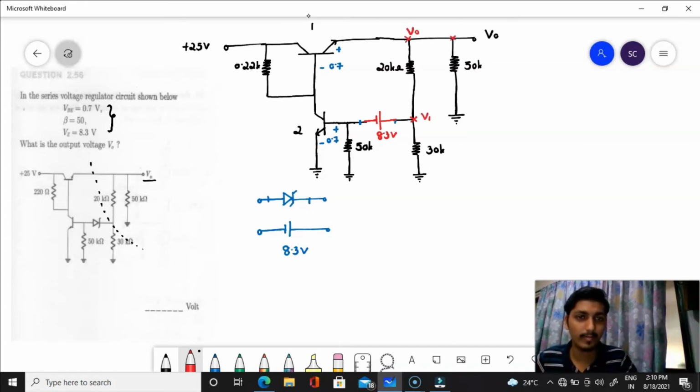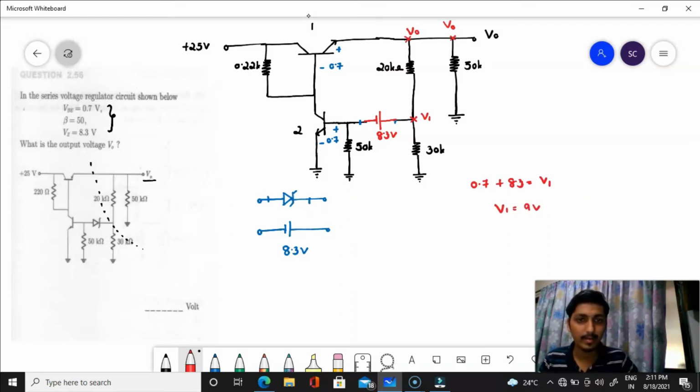This is also your V0. Now I will apply the voltage divider rule. Firstly, this V1 is nothing but 9 volt: 0.7 plus 8.3 equals V1. So V1 comes out to be 9 volt.